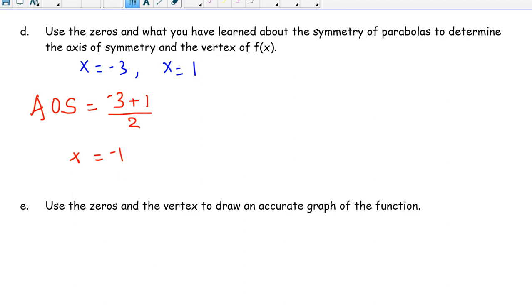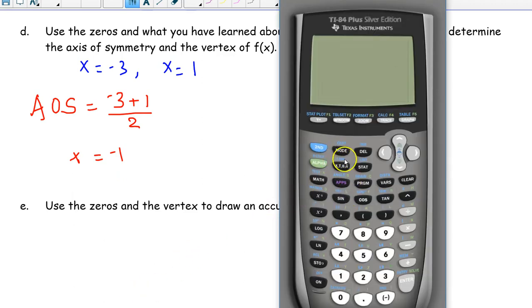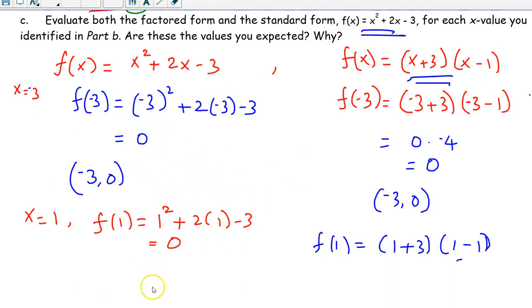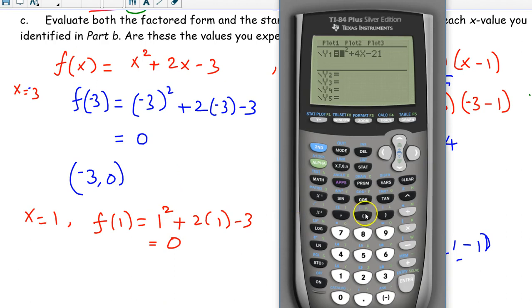Okay, you can check it on your calculator just in case. I'll just say start parenthesis negative 3 plus 1 close the parenthesis, then divide 2. That gives you -1.